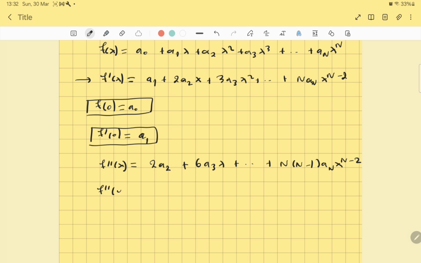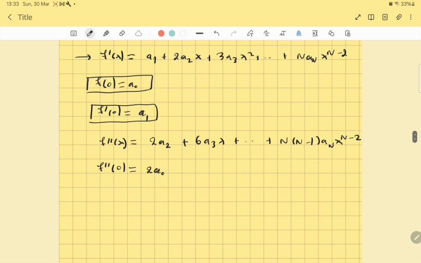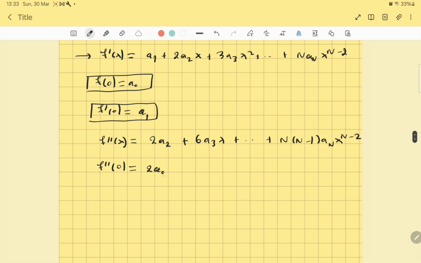I evaluate the second derivative of the function, a polynomial function, at 0. So all the terms disappear and only the 2a2 remains here. So from here I have that a2 is the second derivative evaluated at 0 over 2.